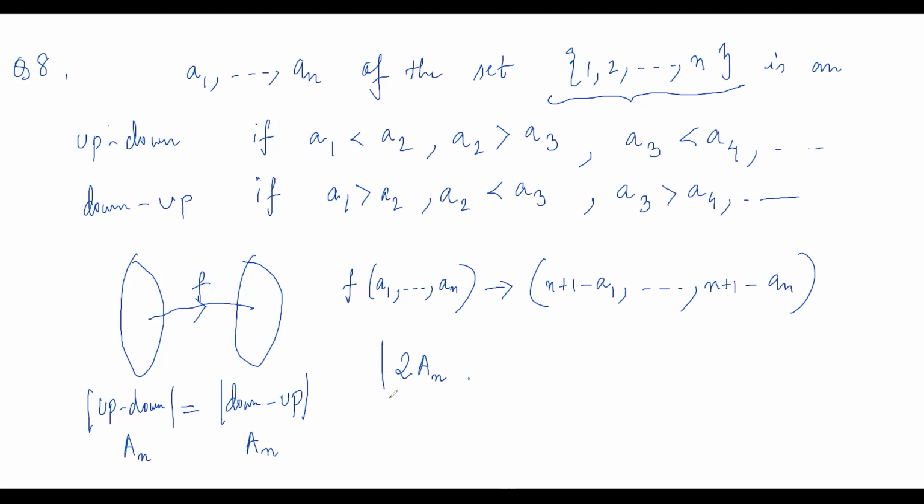Now using the definition of this an, we'll try to make a recursive relation, and thus solve the problem. Now if you consider a permutation that is an alternating sequence a1 a2 dot dot dot an, since it's a permutation of the numbers from 1 to n, one of them will have to be equal to n.